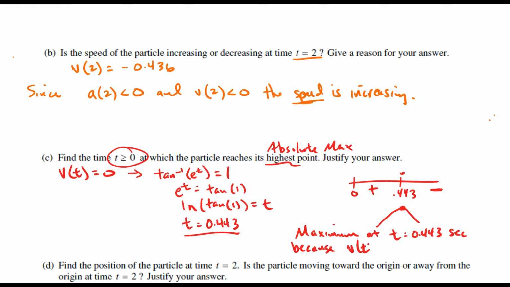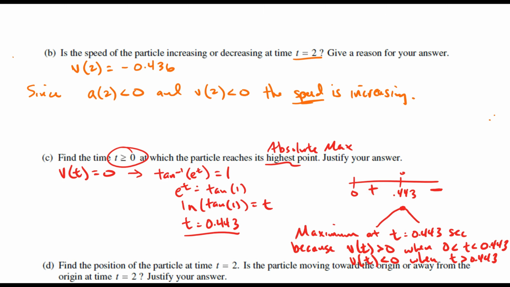because v of t is greater than 0 when t is between 0 and 0.443, and v of t is less than 0 when t is greater than 0.443.